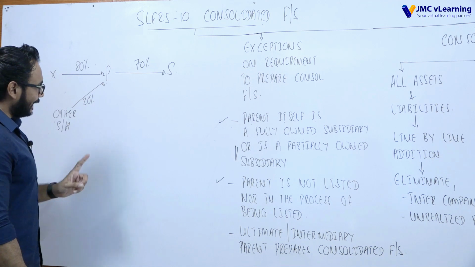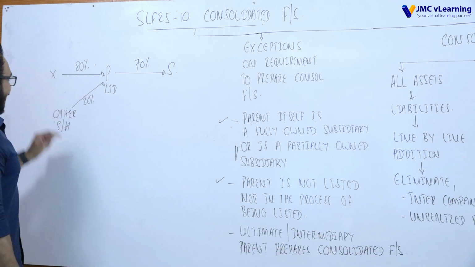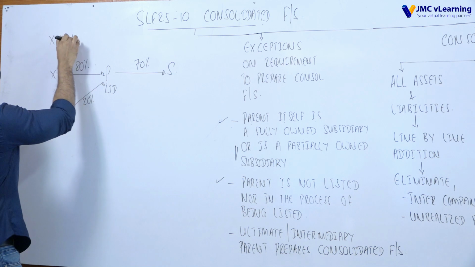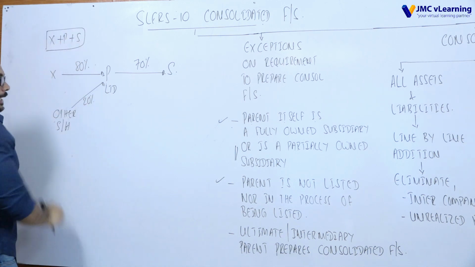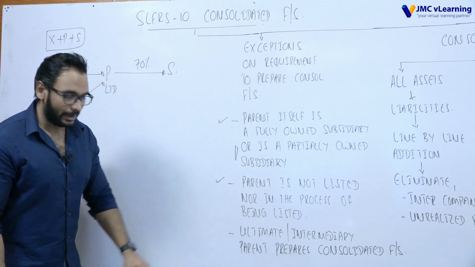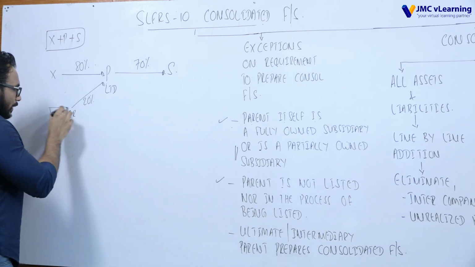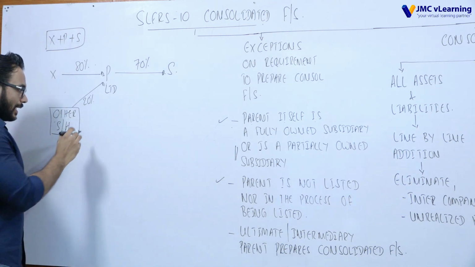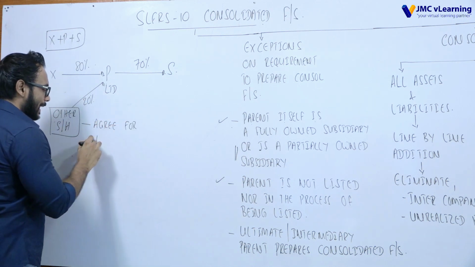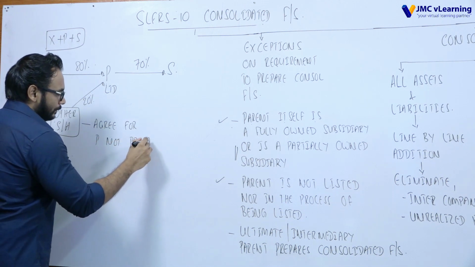Now, in that case again, if parent is not a listed entity and if X prepares financials combining X, P and S, in addition to those, these other shareholders have to agree for P not preparing consolidated financials.